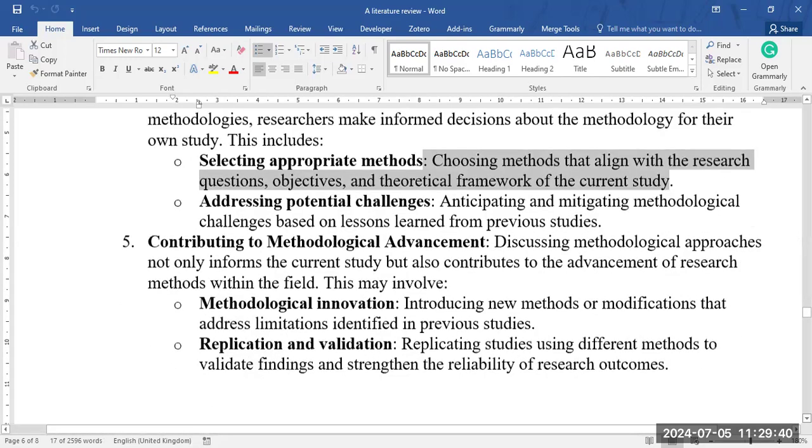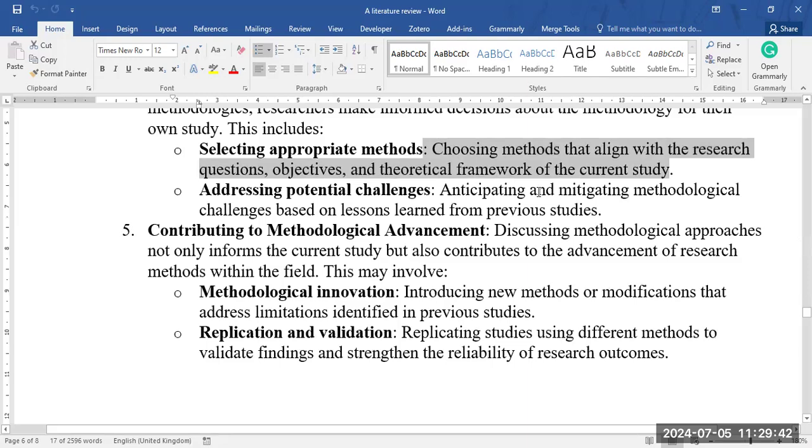And addressing the potential challenges, anticipating and mitigating methodological challenges based on lessons learned from previous studies. That's why previous researchers have mentioned their challenges. That is their lesson. They have learned those lessons, and so then you can use that lesson in your own work.